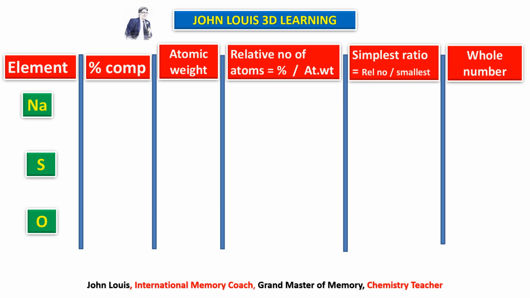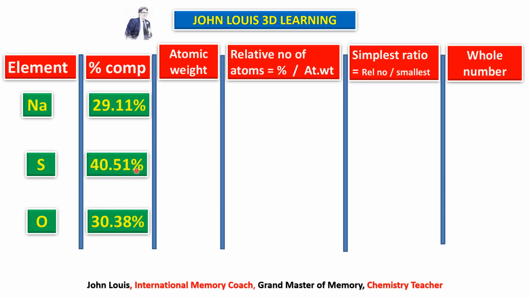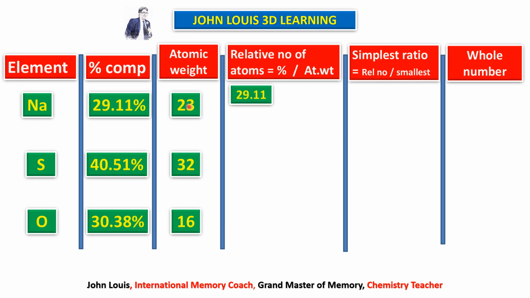The percentages are given in the sum itself: sodium 29.11, sulfur 40.51, oxygen 30.38. The atomic weight of sodium is 23, sulfur is 32, oxygen is 16.